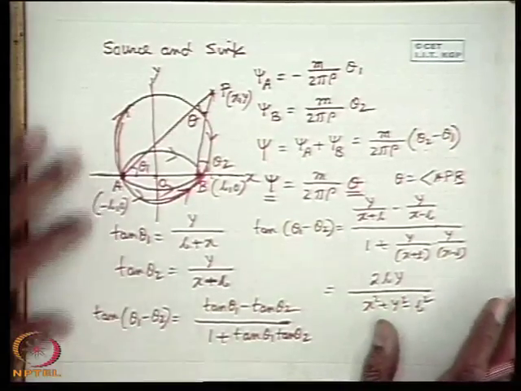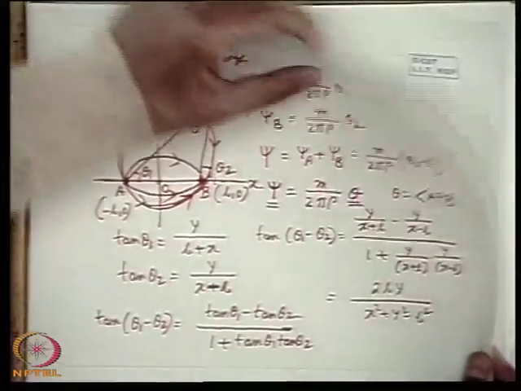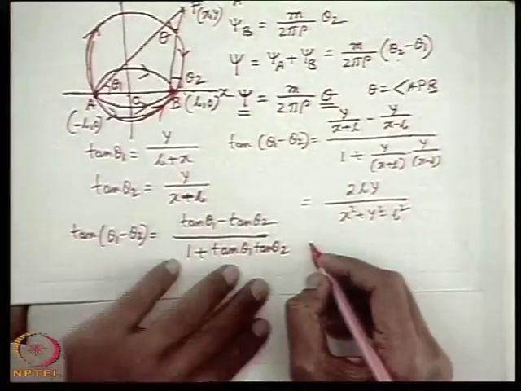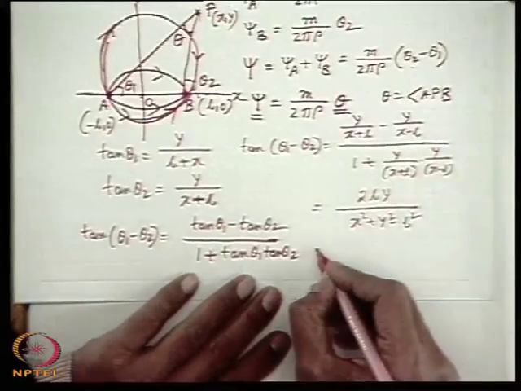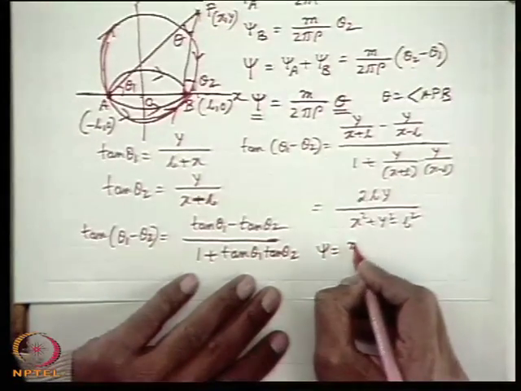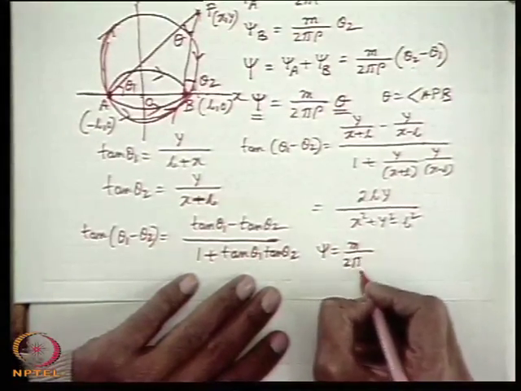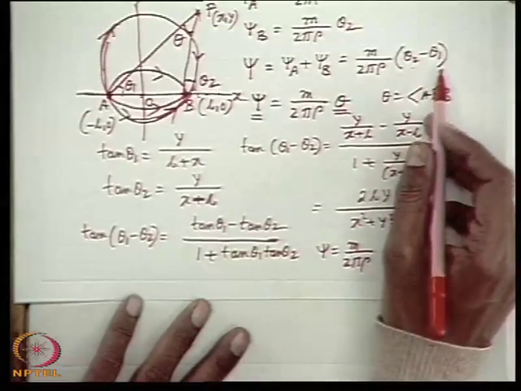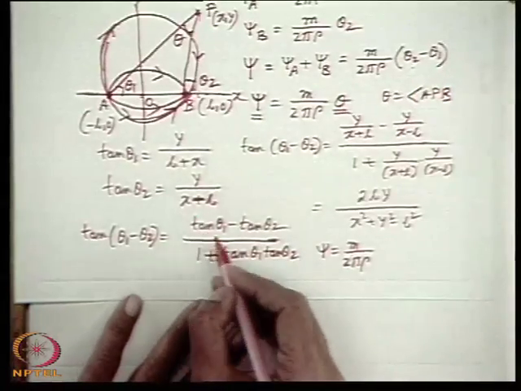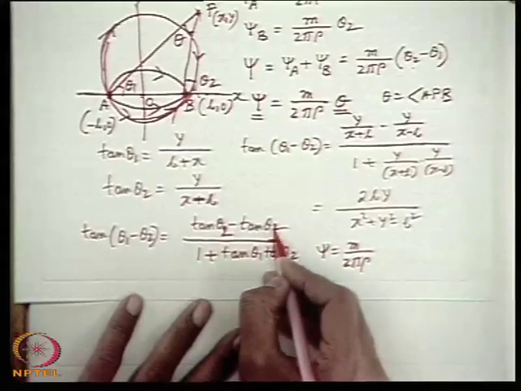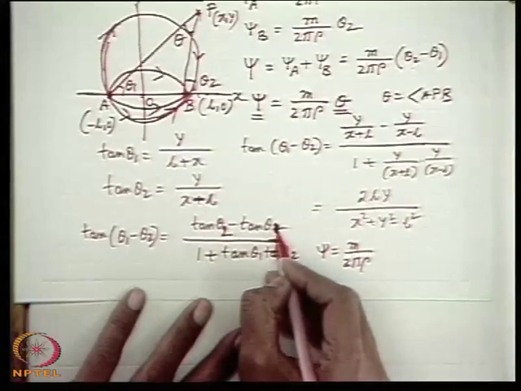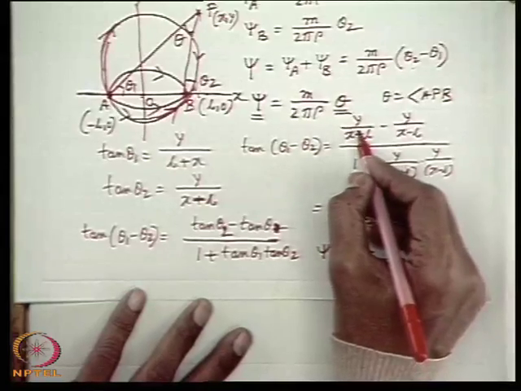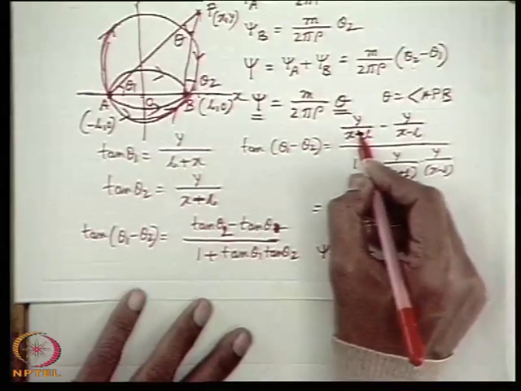So therefore, psi is m by 2 pi rho times theta 2 minus theta 1. Well, I am sorry, we will have to make it theta 2 minus theta 1, since theta 1 is with x plus b and theta 2 is with x minus b.